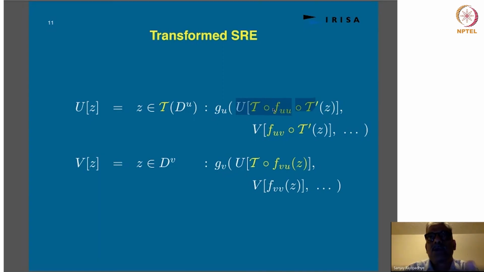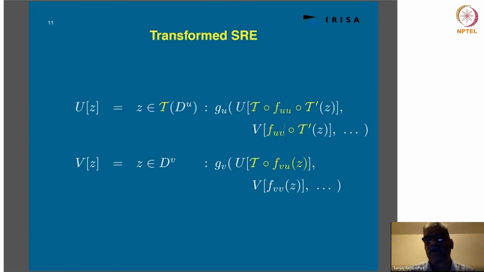So that is what the compiler constructs in the polyhedral model. And now you get a new function, U of Z depends on U of that new function applied to Z. So that is my new dependence function.